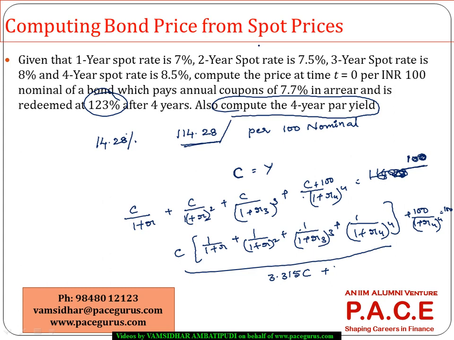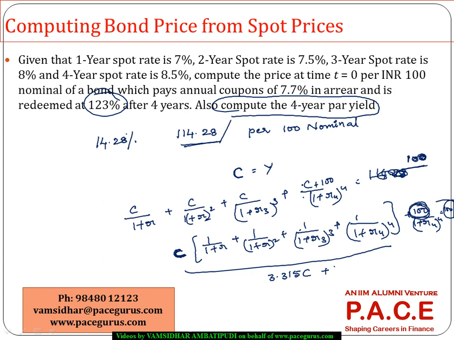So the par yield in this case, see, the par yield is nothing but, if I am taking a constant coupon, the redemption value is the same 100 and the purchase price is also 100.